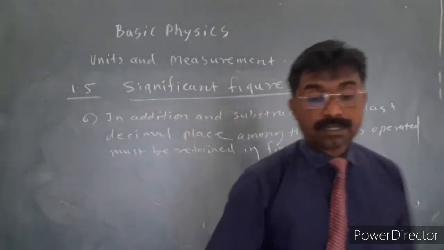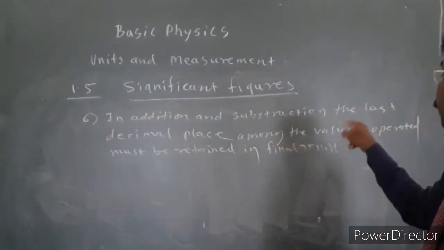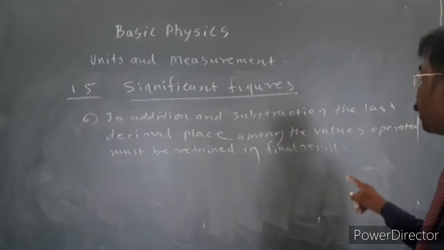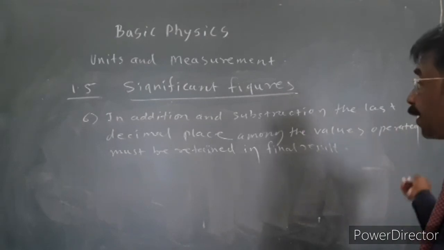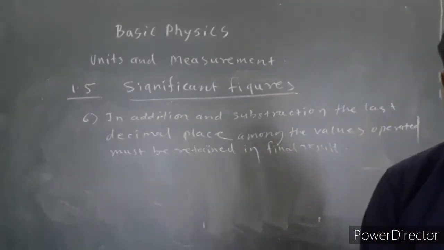This is the sixth point, which tells us that in addition and subtraction, the last decimal place among the values operated must be written in the final result.